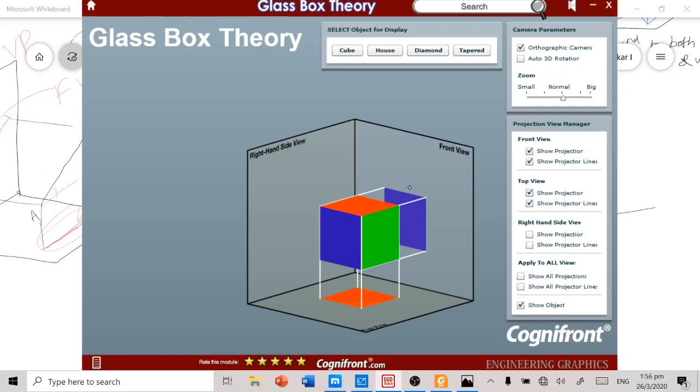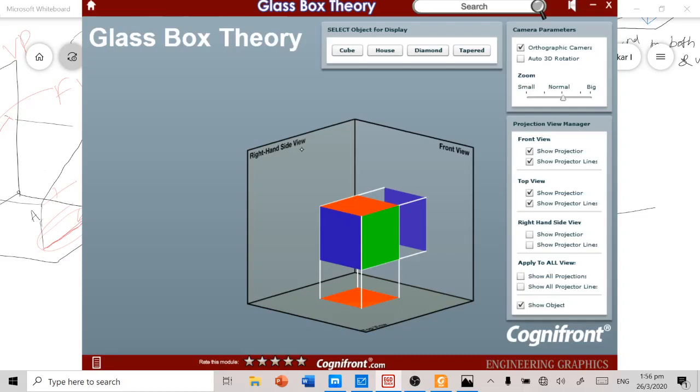In this graphical representation, the right hand side view is the vertical plane and that's the horizontal plane. One more plane here, the name of this plane is profile plane or auxiliary vertical plane. That plane is generally used in order to develop the side view of the object.